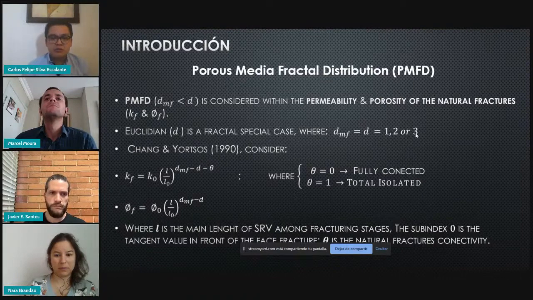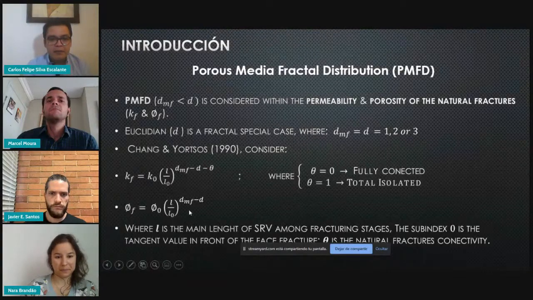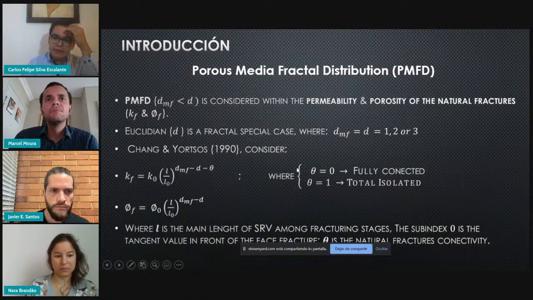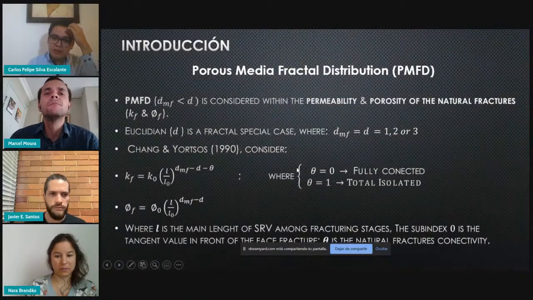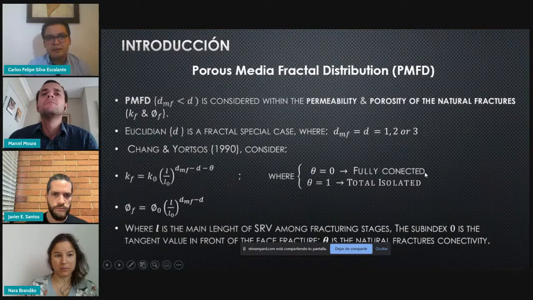Chang and Yortsos consider two equations governed by a power law, like this, where theta is the natural fractures connectivity. When theta is 0, we consider the natural fractures fully connected. When theta is 1, we consider the natural fractures totally isolated.